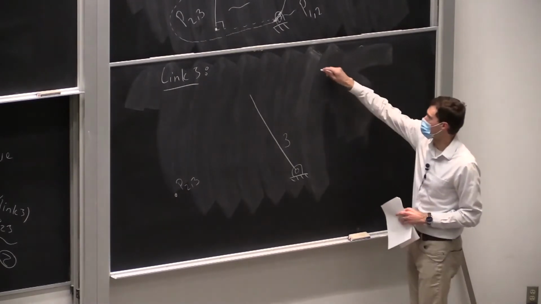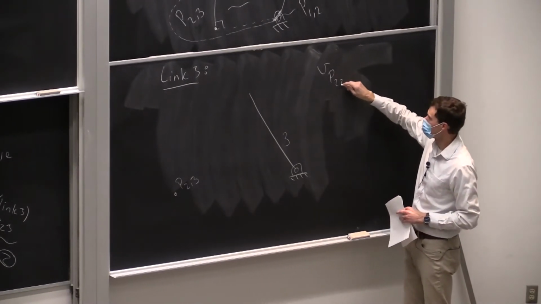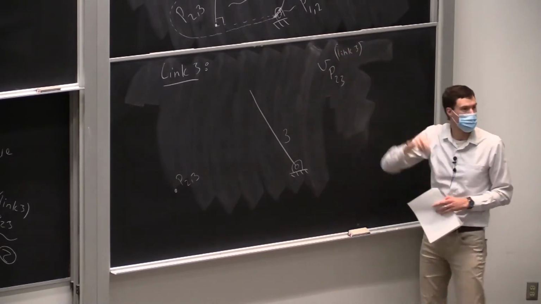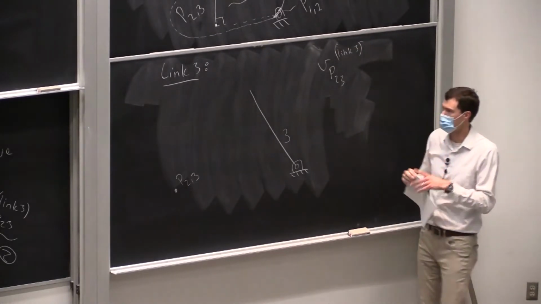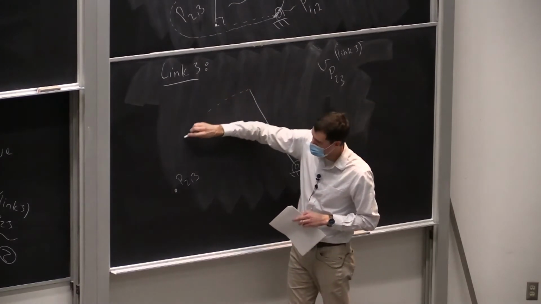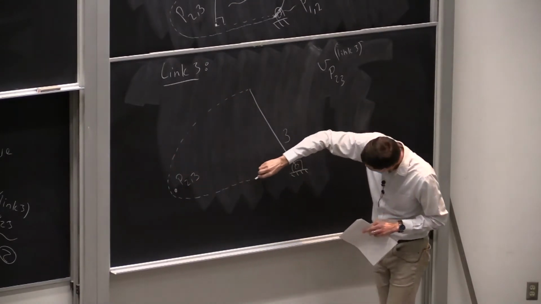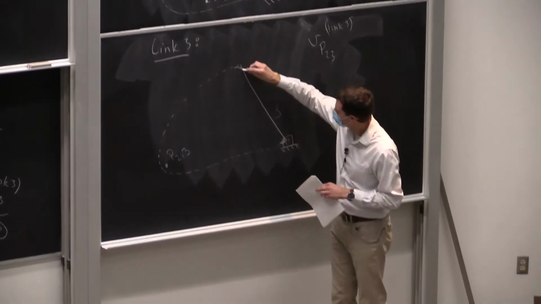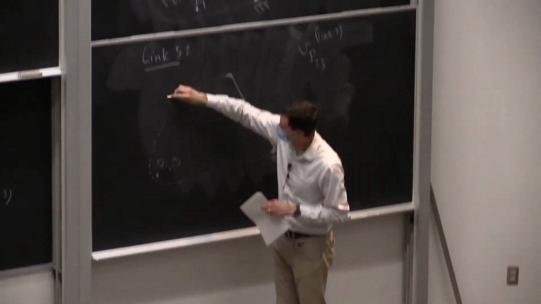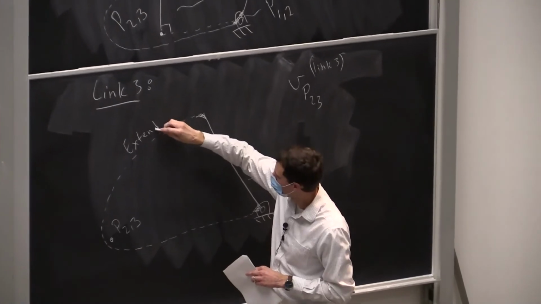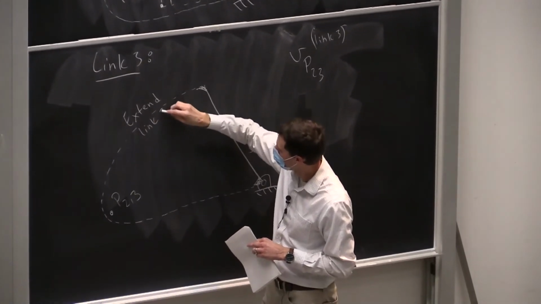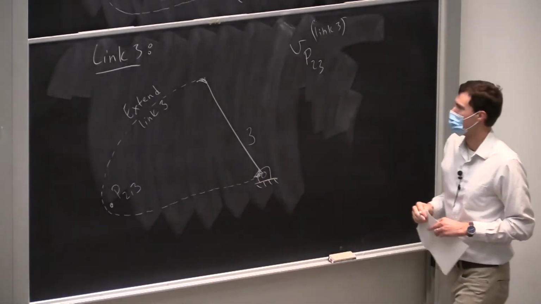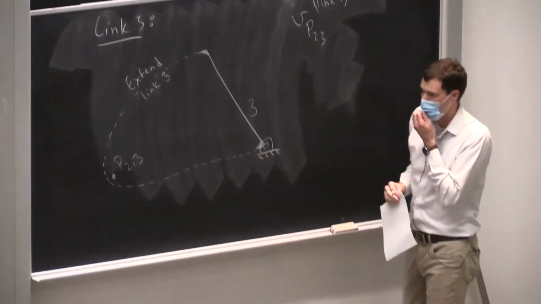So we're going to do the same thing. We want to write out the velocity of P23, and this time we're writing it like it's on link 3. So let's extend link 3 in our minds to include P23 and ask, what's the velocity of that point?